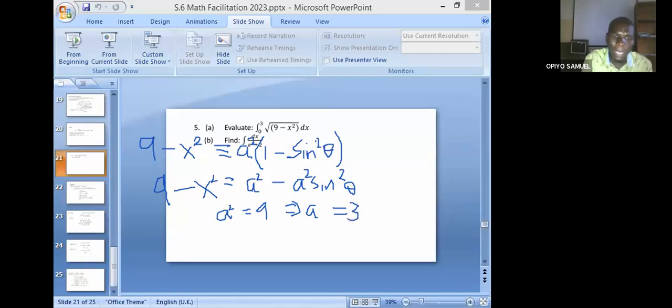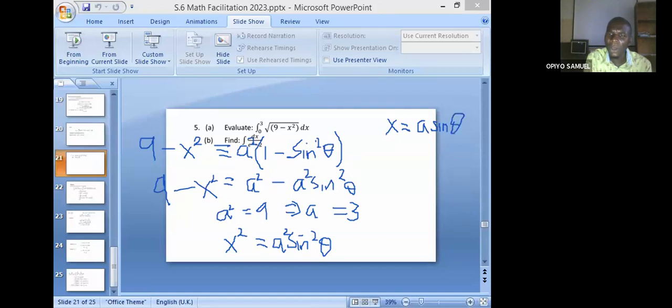Also, x squared equals a squared sine squared theta. So when we take square root, you can see that x is going to be equal to a sine theta.